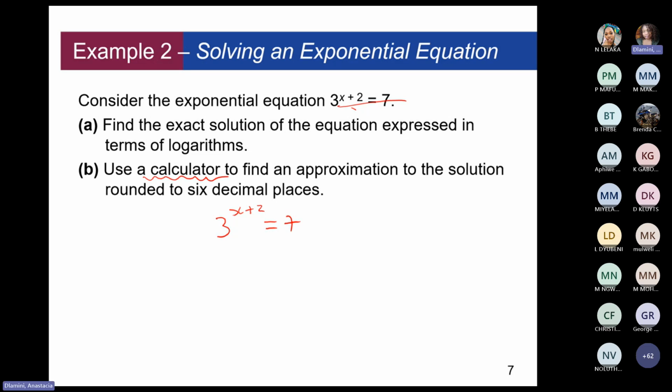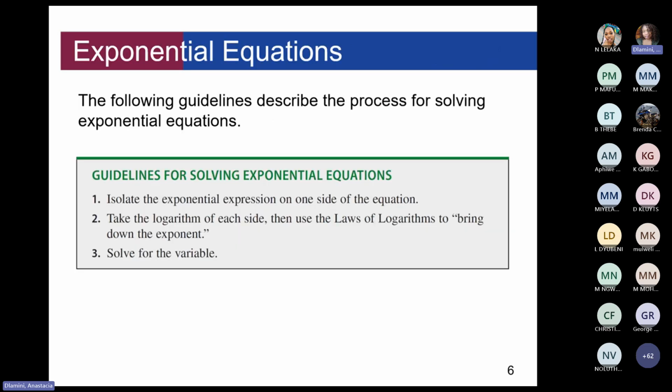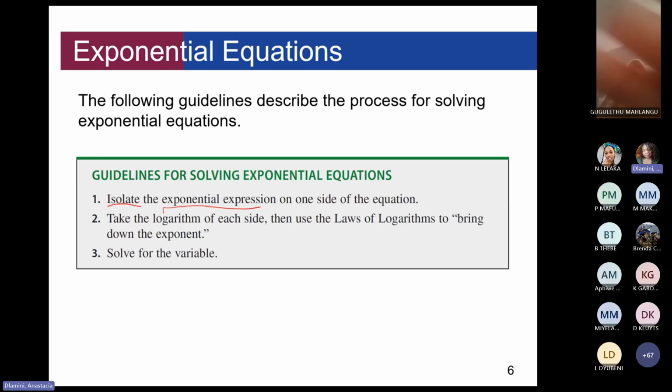Because it's already isolated, we can see the constant, anything that does not have the variable x, y, z, or any variable as an exponent, is already on the right-hand side. And on the left-hand side, we have 3 to the power of x plus 2, which is the exponential expression that they are saying we should isolate. Isolate basically means taking one to the other side and separating them.